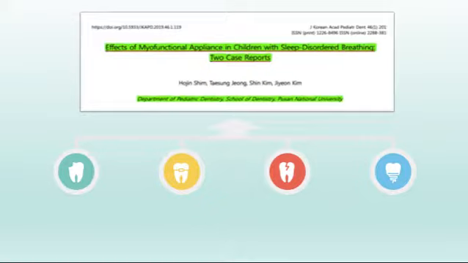Effect of myofunctional appliance on children with sleep disorder breathing. In this two-case report, we will talk about the introduction, case reports, discussion, and summary. Introduction.